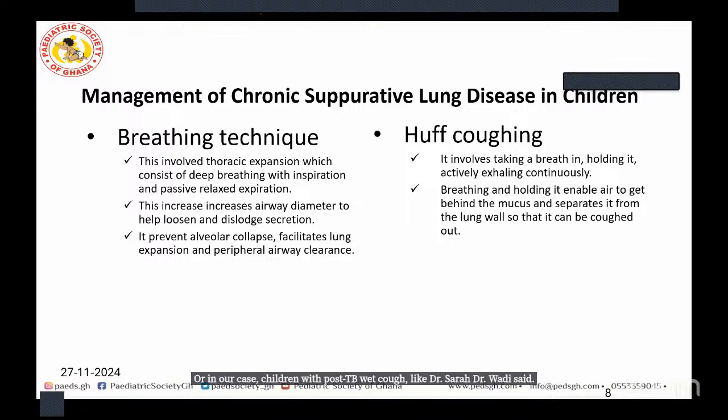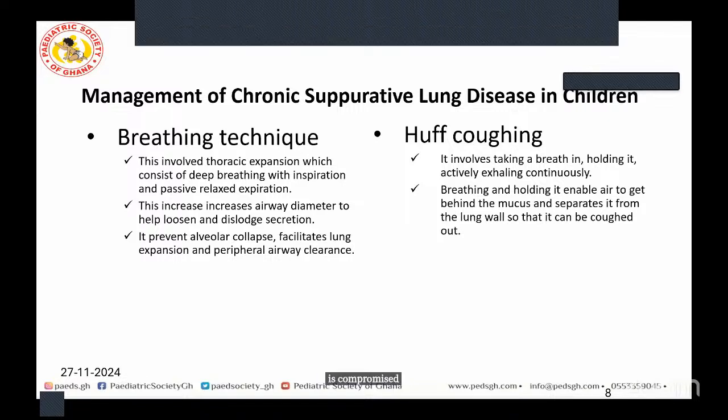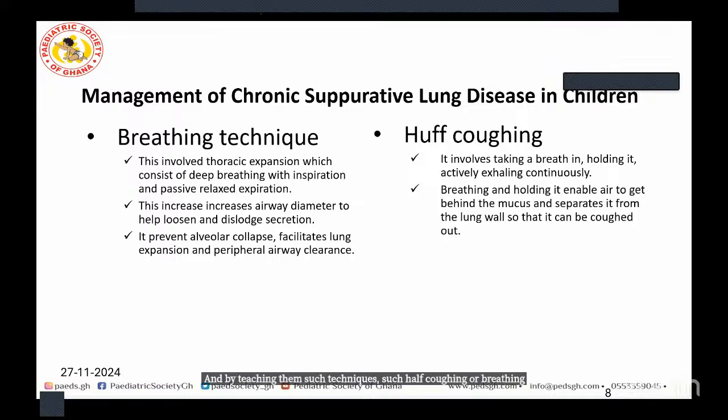They may be coming with wet cough after you treat them with TB medications, and clearly at that time, it's not like they're having another TB, just post TB because the airway is compromised. They can be having these wet coughs. And by teaching them such techniques, such as huff coughing or breathing techniques, they can clear their airways so that the cough will reduce and they won't develop infections.